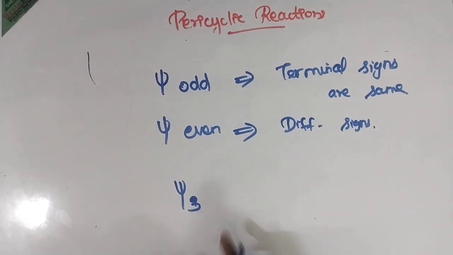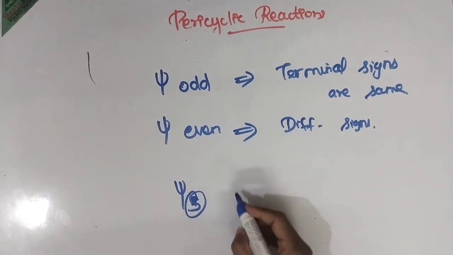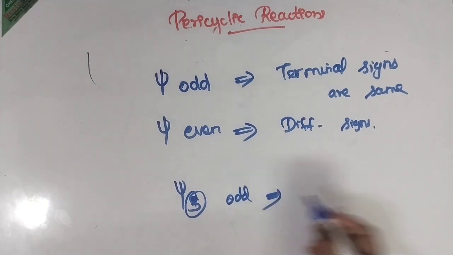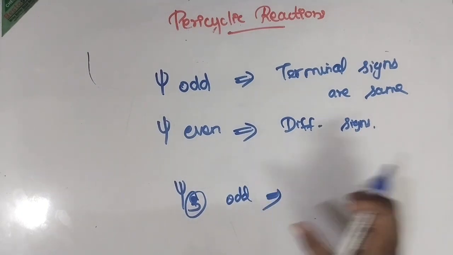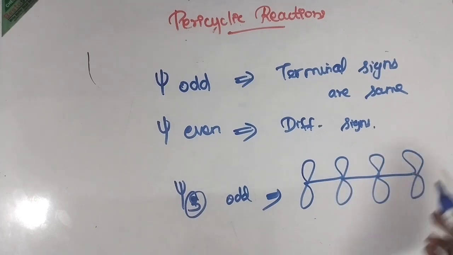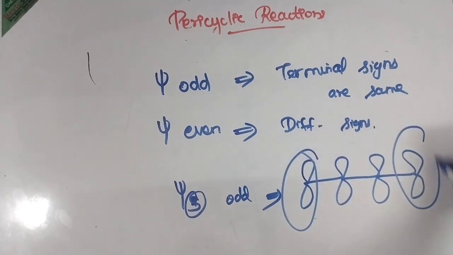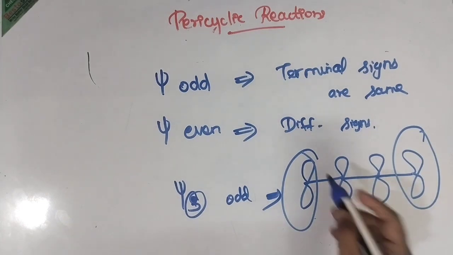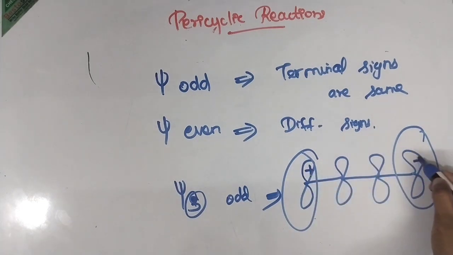Is 3 odd or even? It is odd. So the terminal, in the sense the end p orbital, the terminal p orbital should have the same sign. Okay, it should have the same sign. If this is plus, this should also be plus.